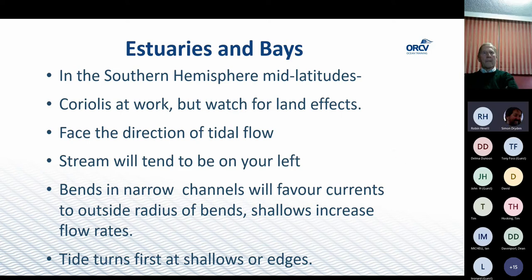Thinking about the Coriolis effect, it takes a bit of looking at it and thinking about what's actually happening to understand that. But certainly the stream on your left, when you look in the direction of tidal flow, works out. There's a lot of factors, and I've got a couple of examples here as to where the tide flows and some exceptions.